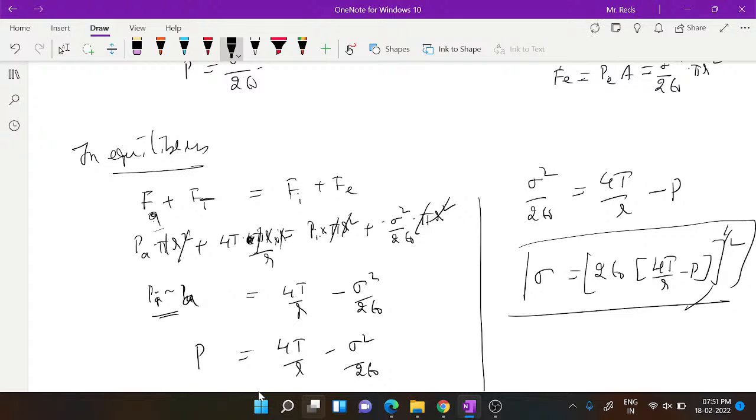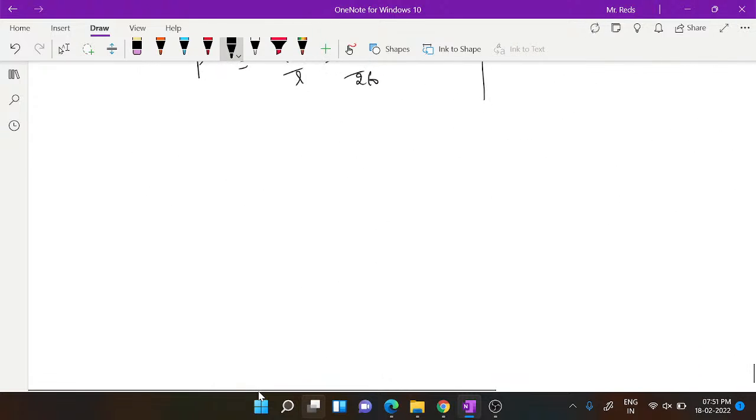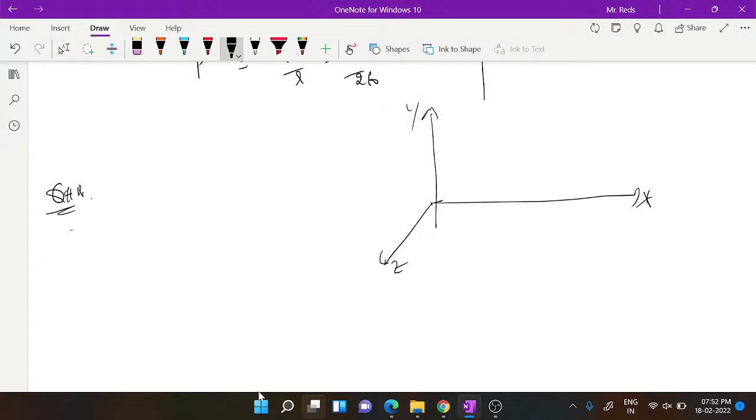Here, this is the x-axis, this is the y-axis, this is the z-axis. It is given that there is a cube lying at a distance A from here, whose side length is A again.